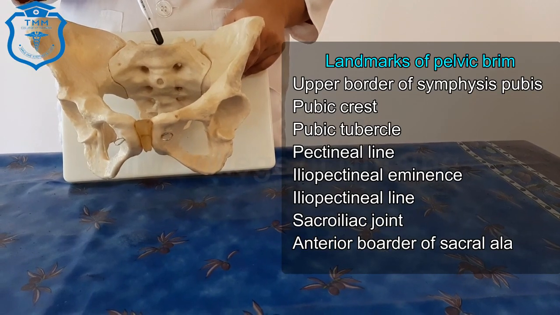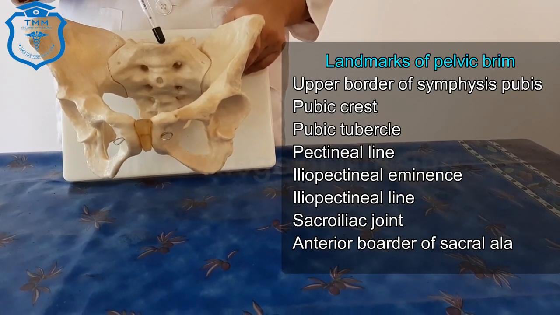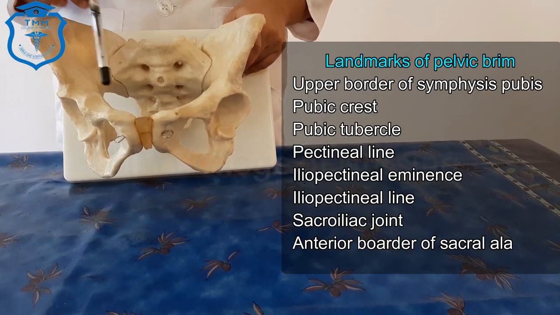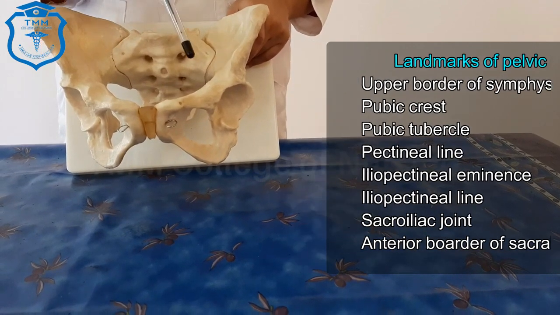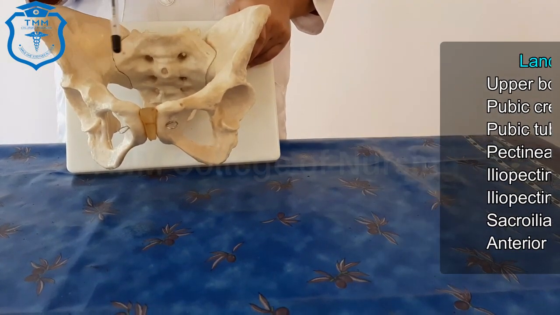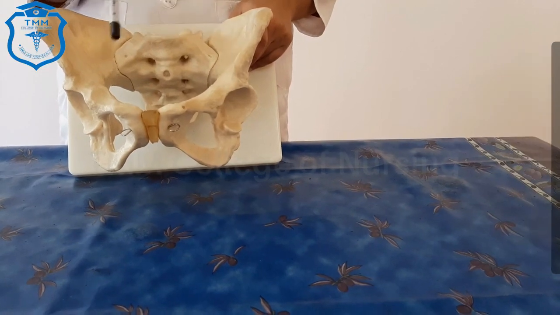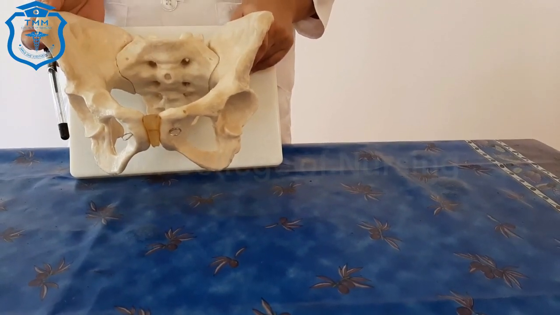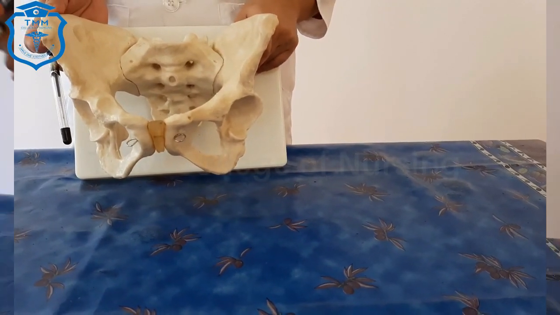These are the 9 landmarks present on the pelvic brim. These 9 landmarks are the same on both sides. On the right and the left side, there are 9 landmarks present on the pelvic brim.